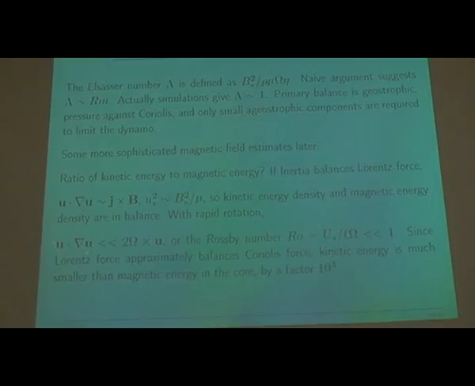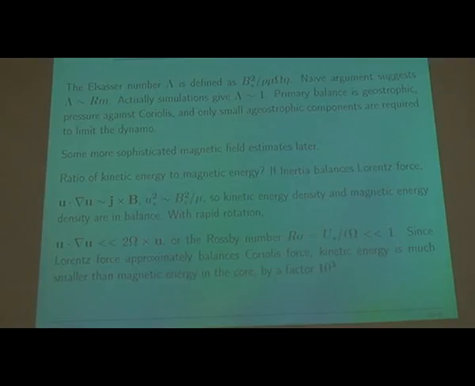And that is very, very small in the core. You can see that straight off, because this snail speed u that we're getting, the very, very small u, is very, very small compared to L omega. So these terms are not in balance at all. It's this one which is the dominant part of the acceleration. The Coriolis acceleration is much more important than the inertial acceleration, certainly on the large scale.